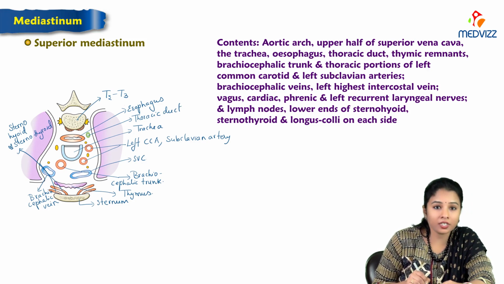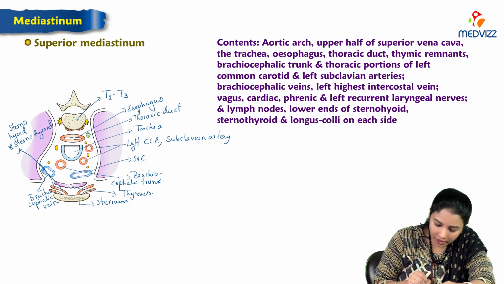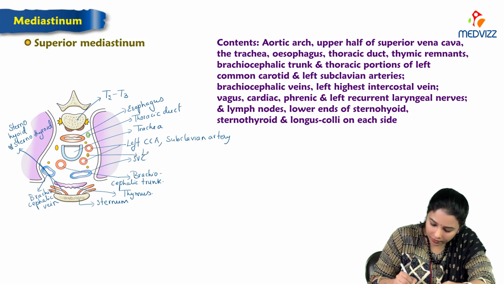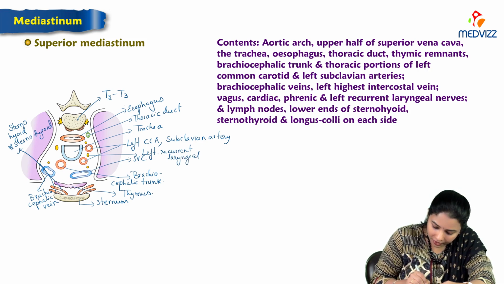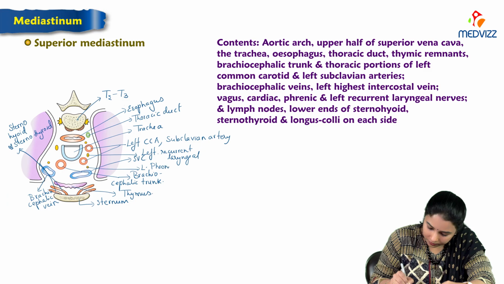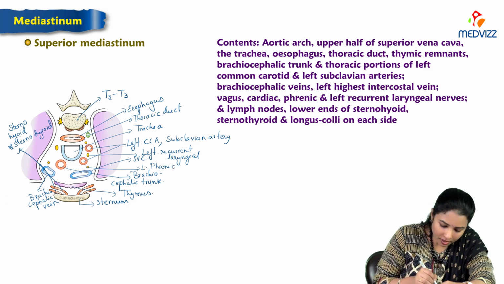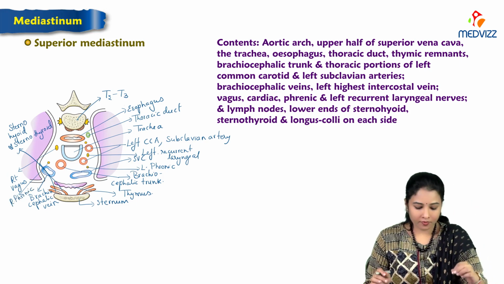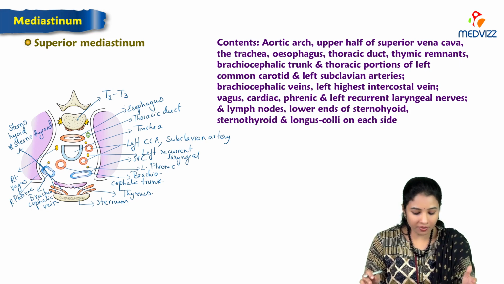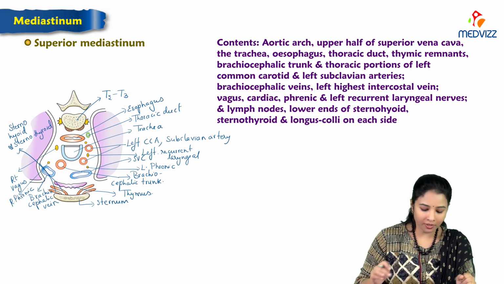So we can appreciate left side, left recurrent laryngeal nerve, left phrenic nerve, and on the right side this is the right vagus, right phrenic. So these are the structures which are present in the superior mediastinum.